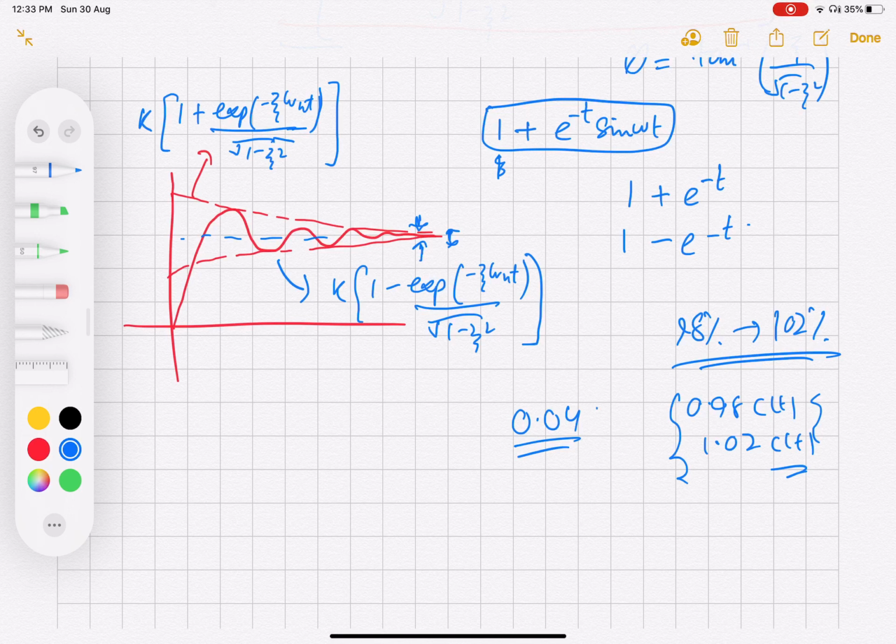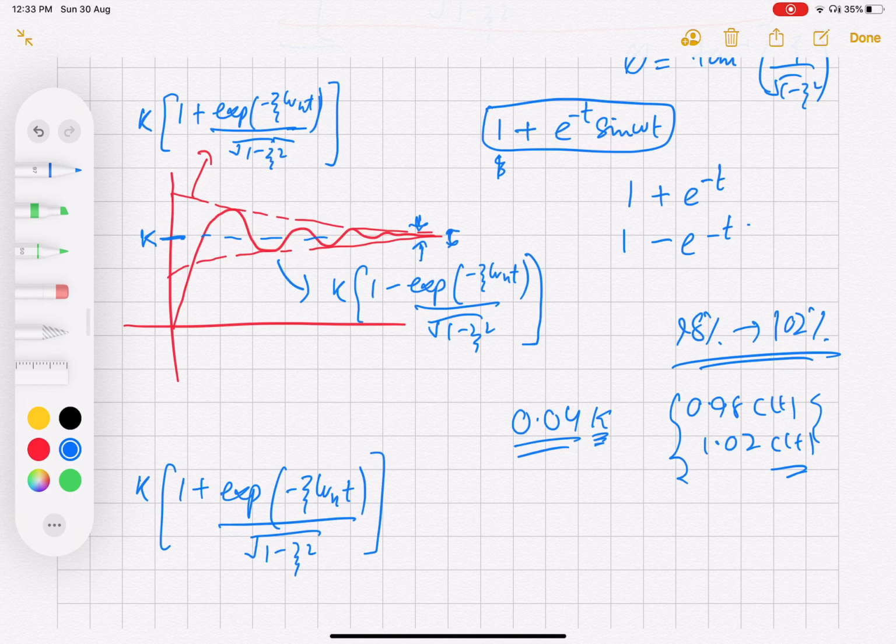0.04 times k, because the final value is k, right? Between 0.04 value of k. So when you do this, you write k times 1 plus exponential minus zeta omega nt under root of 1 minus zeta square, minus k times 1 minus exponential minus zeta omega nt under root of 1 minus zeta square.